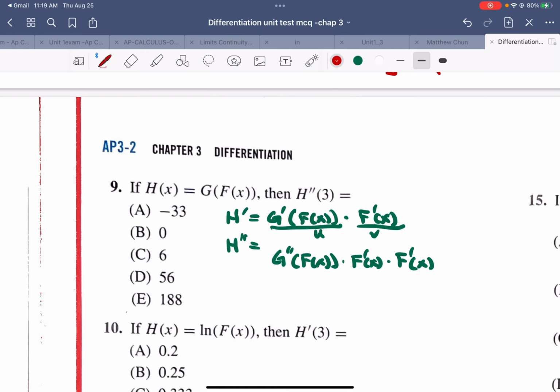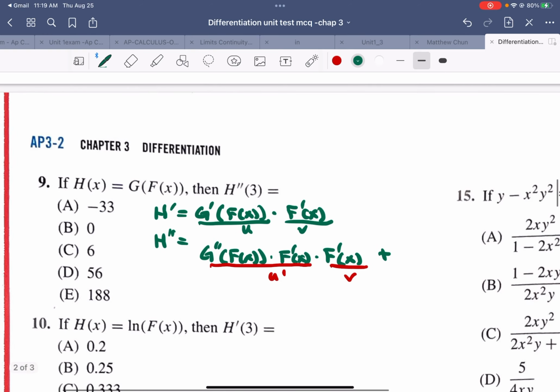Up to here is u prime and this one is v, plus v prime, so f double prime of x times g prime of f of x. So this one is v prime and this one is u. That was the product rule.